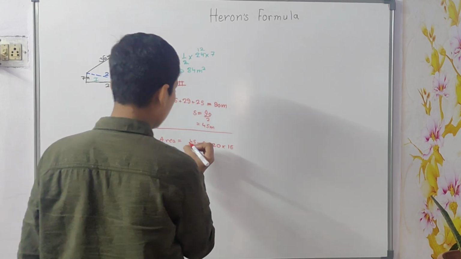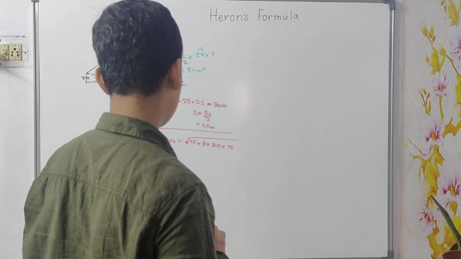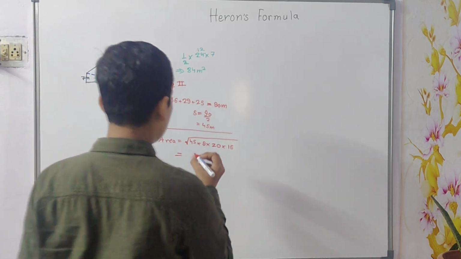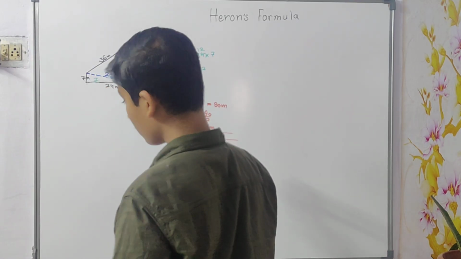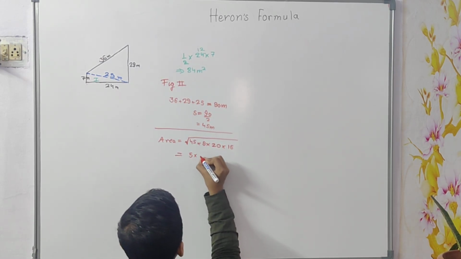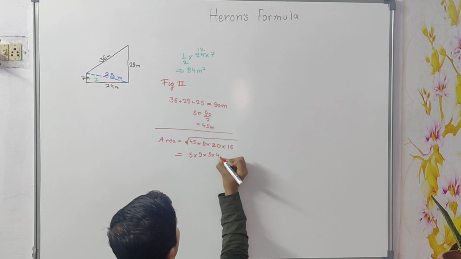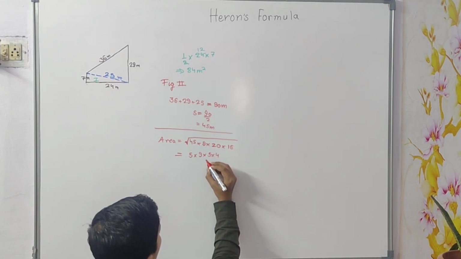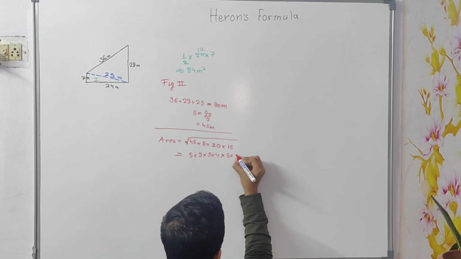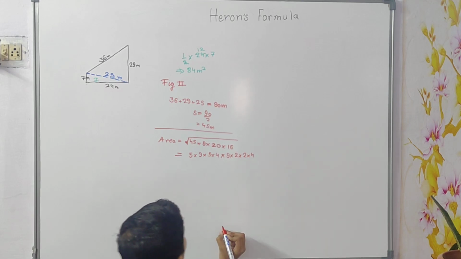So 9 into 16 into 20 into 45 whole root, which is, oh wait, I will have to solve it. We can write it as 5 into 9 into 5 into 4, 5 into 4, 5 into 9, into 9 into 2 into 2 into 4. How?